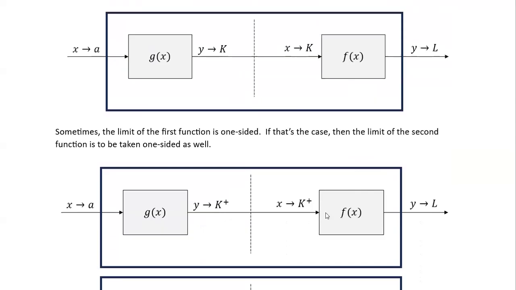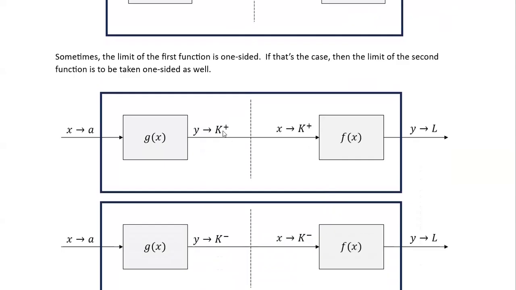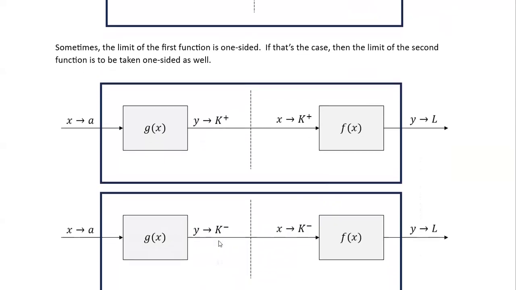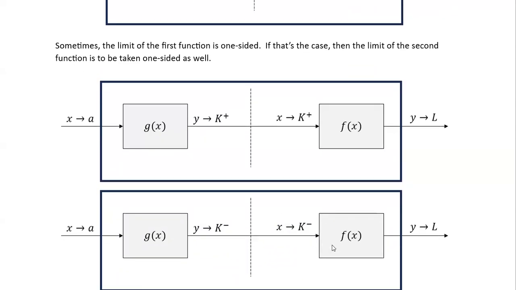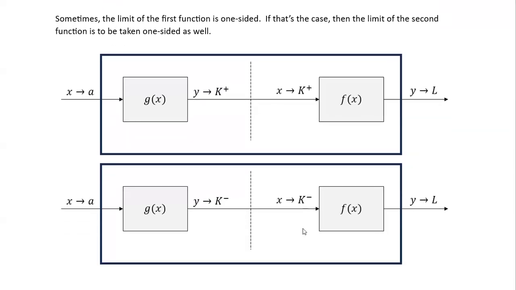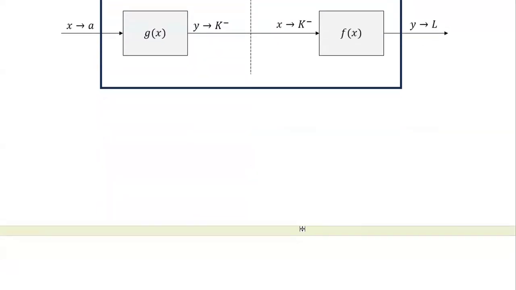So we have to pass that continuously to the next function. It doesn't matter if it's from the right or from the left, we have to pass it into the next function. And this is where it's a typical trick question: if you approach from both sides, you could get totally different limits. Let me explain in a bit with examples.